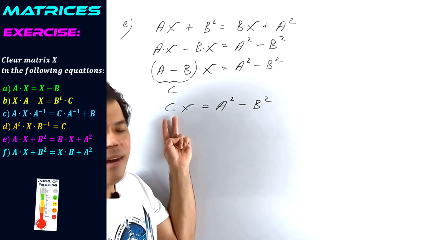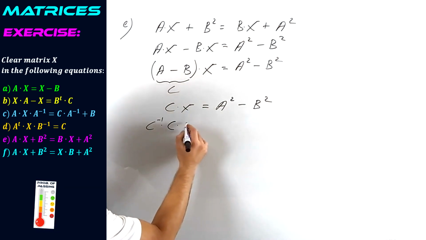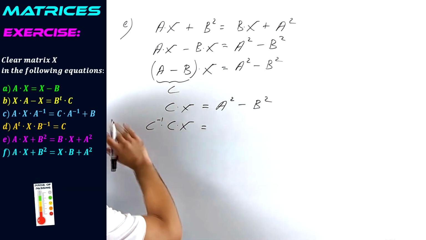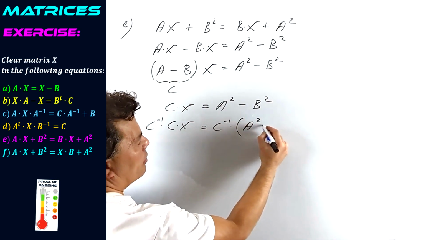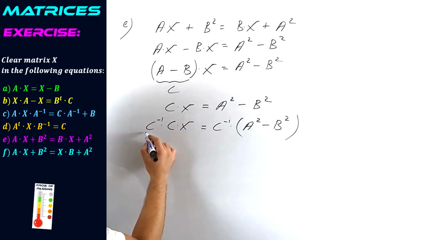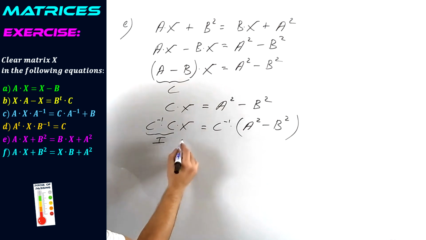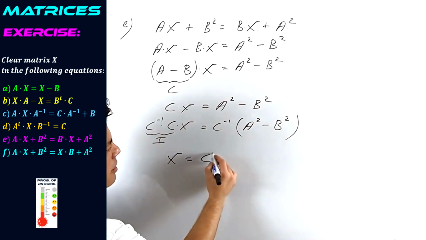And we are multiplying by C to the negative 1 on both sides at the left, okay? C to the negative 1, A squared minus B squared. Why? As usual, this will be the identity matrix, and we have our matrix X solved.